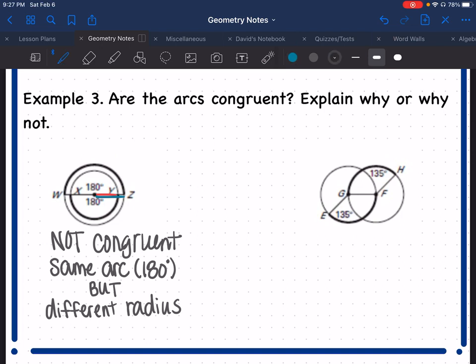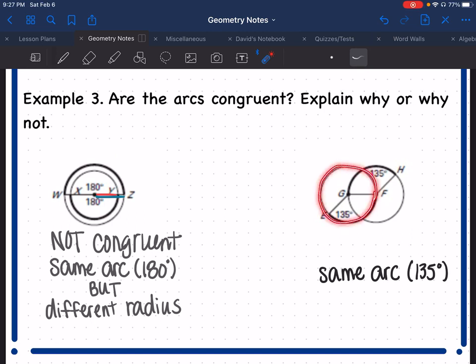All right, let's take a look at our last one. I can very easily see that I have the same arc, 135 and 135. So let's go ahead and write that. Same arc, 135 degrees. Now let's go ahead and take a look at the radius. The radius of circle G, which is this circle on the left, would be GE or GF.